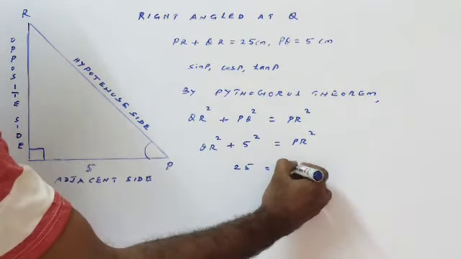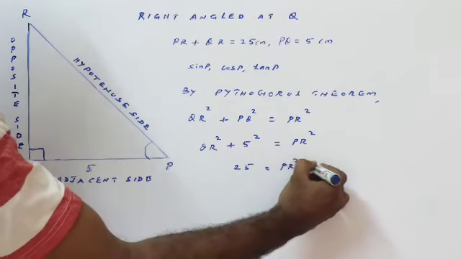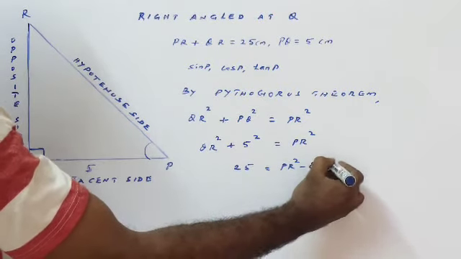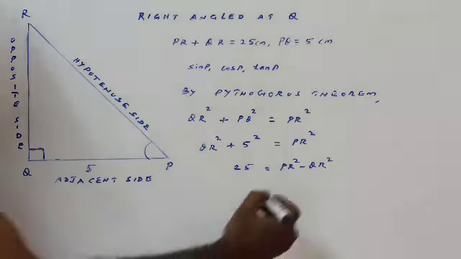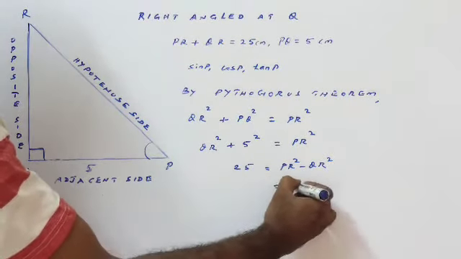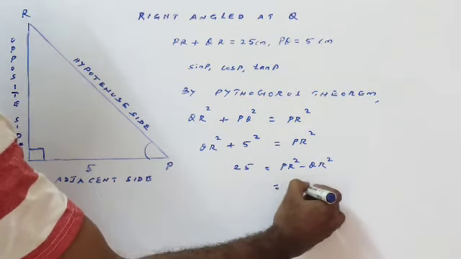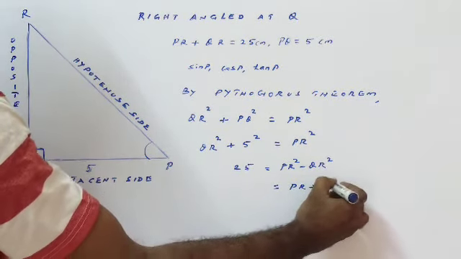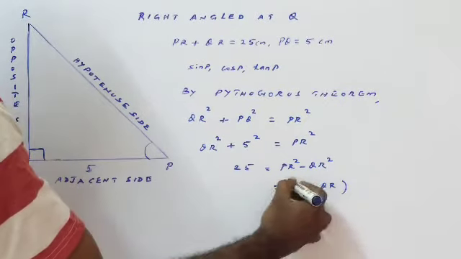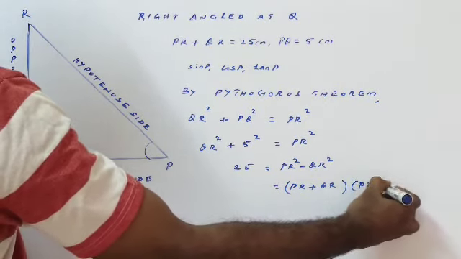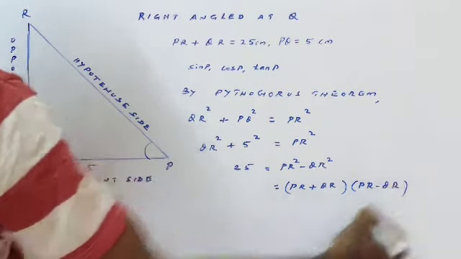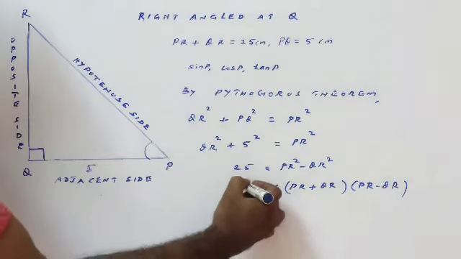So PR square minus QR square. It looks like the formula A square minus B square. So we can write PR plus QR into PR minus QR, like A plus B into A minus B.